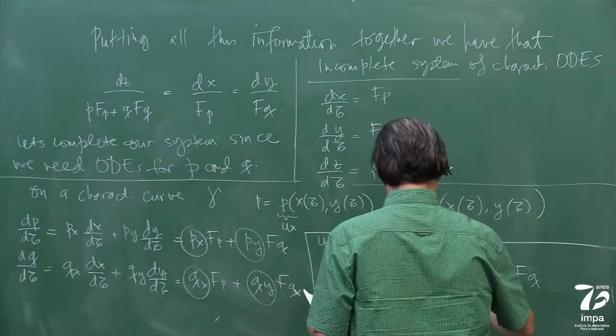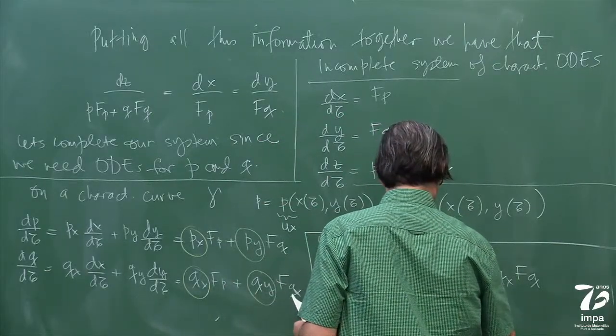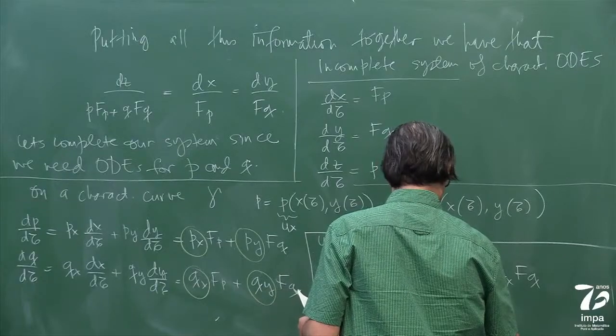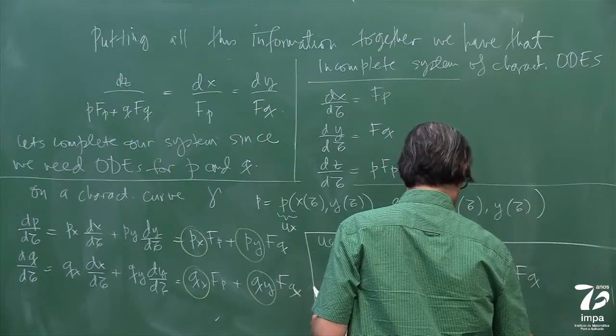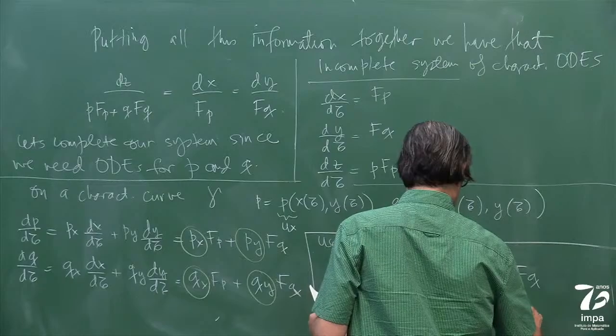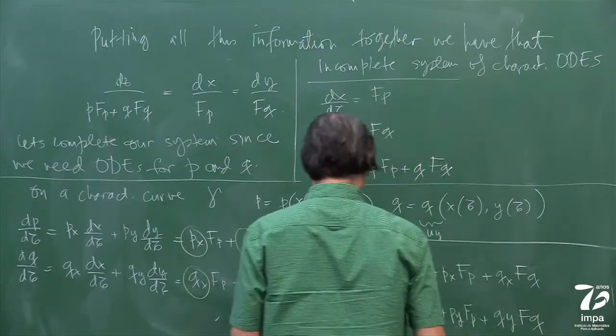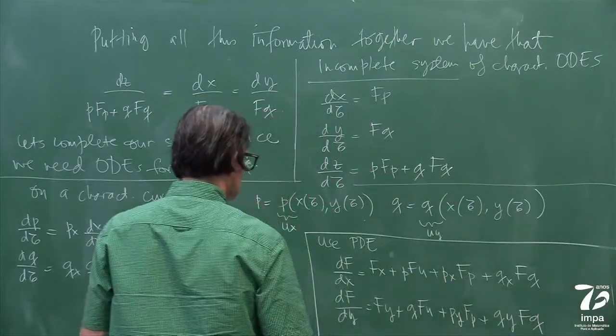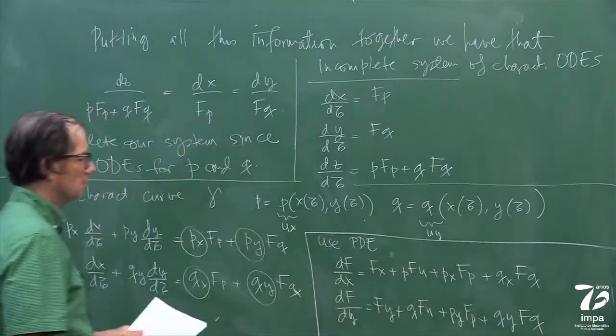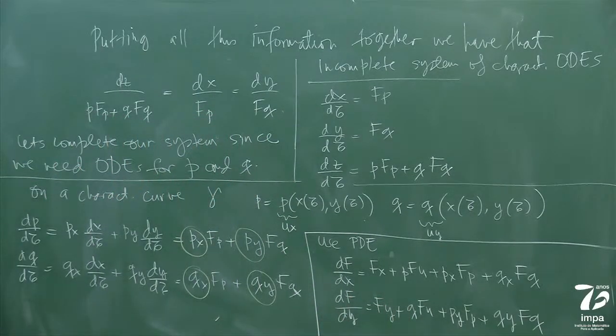Oh, got it wrong. Y, p of y, f of p plus q of y, f of q. Yeah, dq dy. Okay? But some of these fellows we already have.